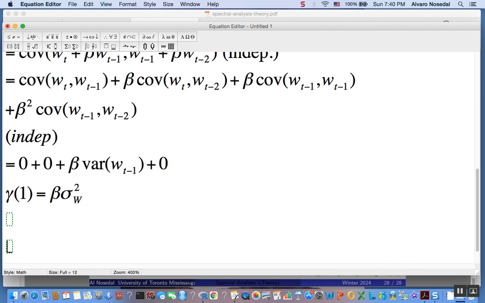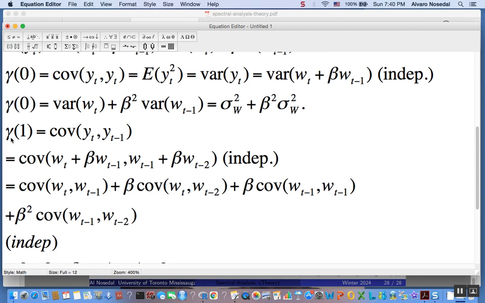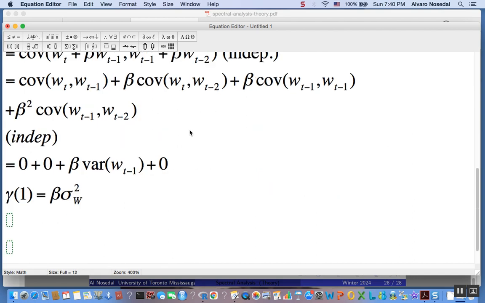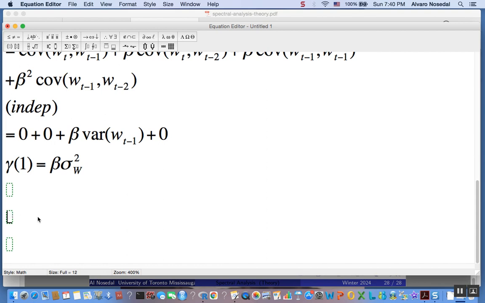Okay, next, let's find the autocovariance function at lag 2. Okay, so let me copy this one. And then I'm going to modify that accordingly. So now we want gamma, the autocovariance function at lag 2. So instead of a 1, we will have a 2 there instead.